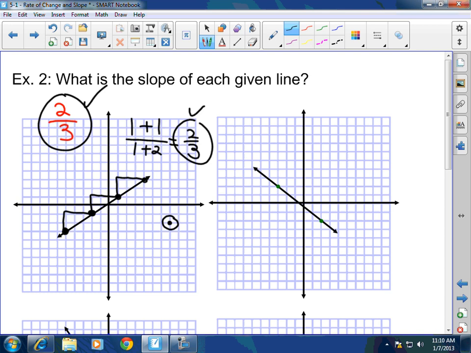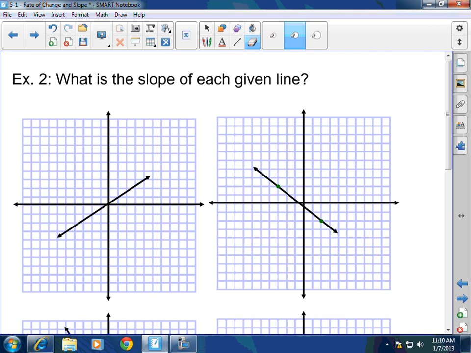Sir? Can you solve it again? Sure I can. So basically, we got to choose some perfect points. The first perfect point I chose was this right here, which is -2, comma, -1. The next perfect point is right here. That's a perfect point. It's 1, 2, 3, 4 over 1, 2, 3.